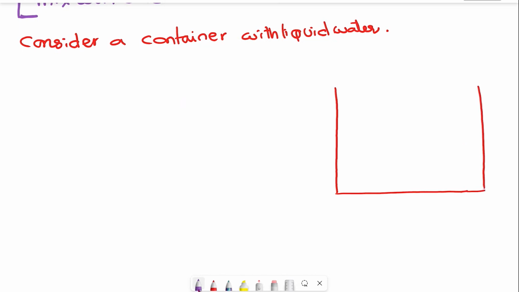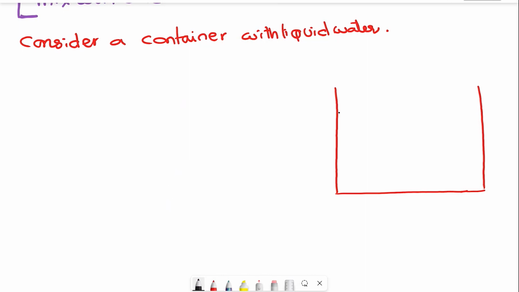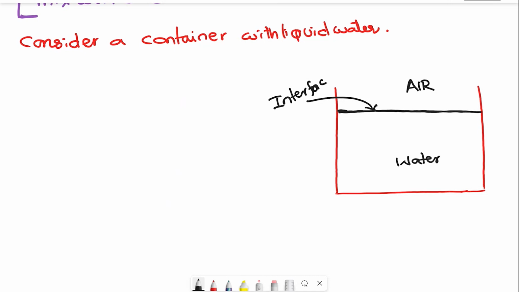In this container, up to here, water is there. So the bottom is water, this is air, this is water. This is called the interface. That is what the water-air interface is.